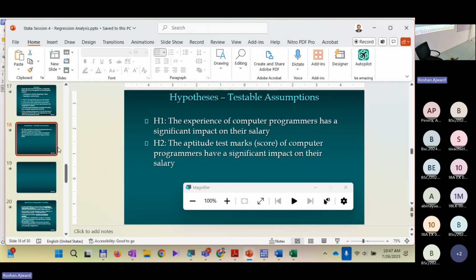Now you have collected 20 programmers' data. Based on the results, are these two hypotheses confirmed or rejected? Hypotheses are made before this, you make the assumption before the test.